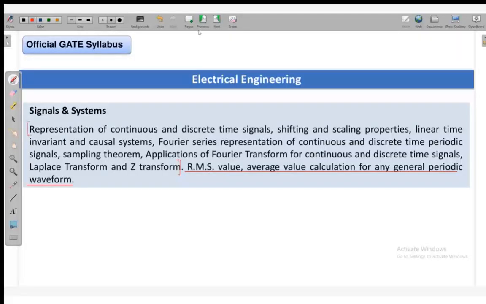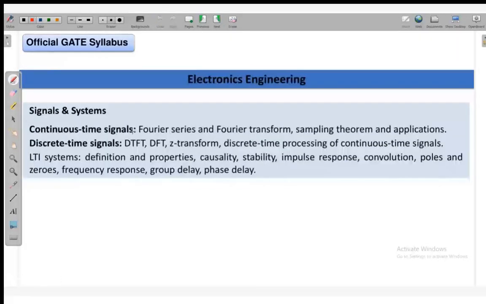Okay. So if you are from electronics engineering, then your syllabus will start from Fourier series and Fourier transform, sampling theorem, and application. Discrete time Fourier transform, DFT, Z transform, discrete time processing of continuous time signal, LTI system, definition and properties, causality, stability, impulse response, convolution, poles and zeros, frequency and group delay, phase delay.